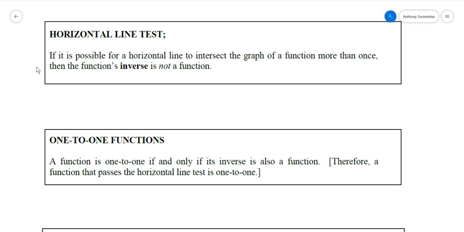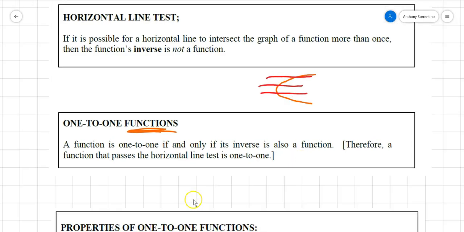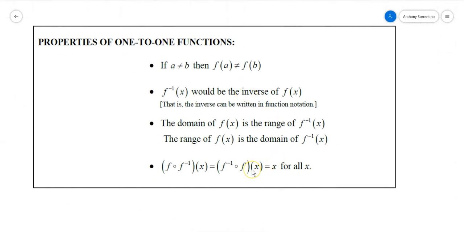So it has to be a one-to-one, let me emphasize it, a one-to-one function. You cannot have a one-to-one function if it's not first a function. So another term that you're going to see, let me scooch this down a little bit, some properties of these one-to-one functions. And we're going to show how to use these various things.